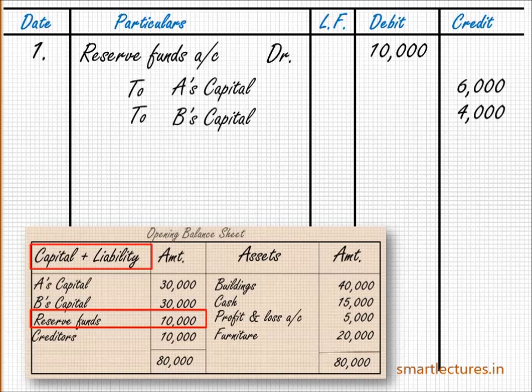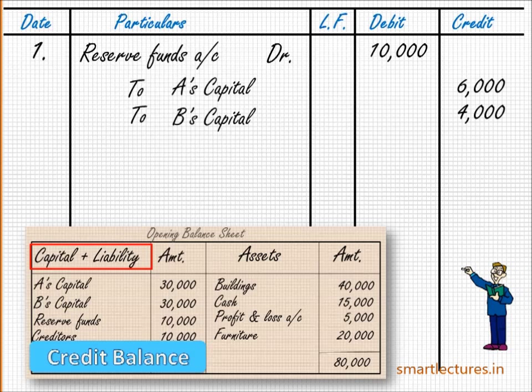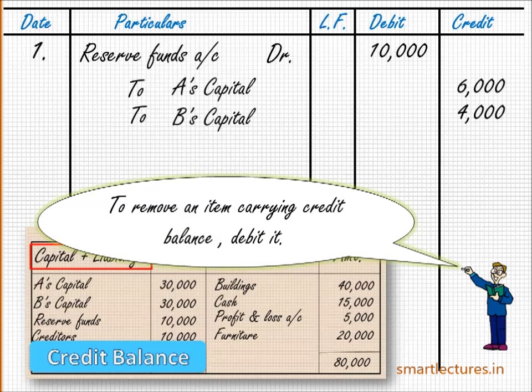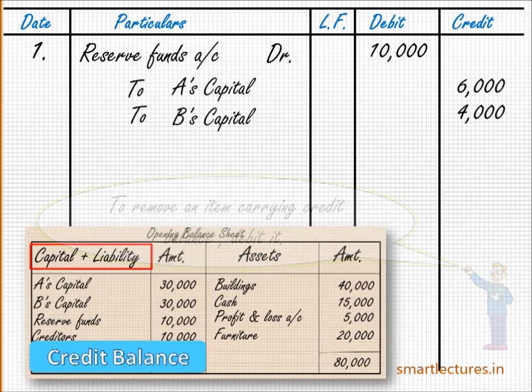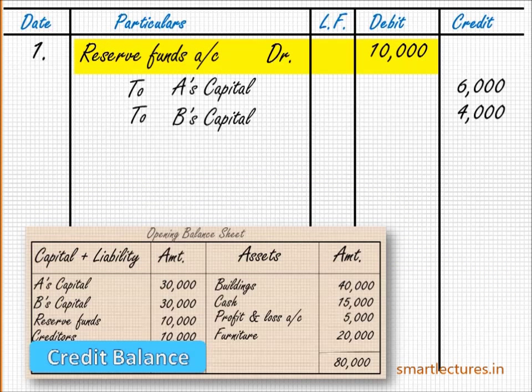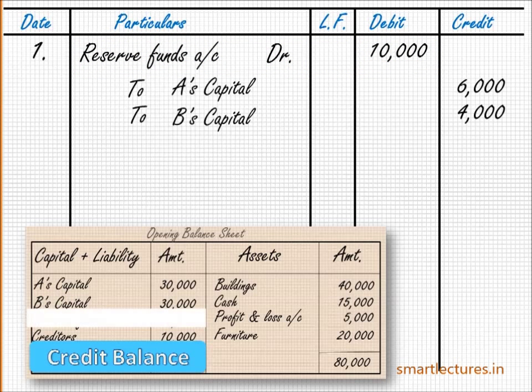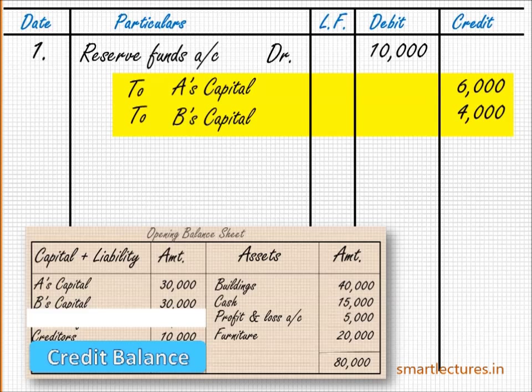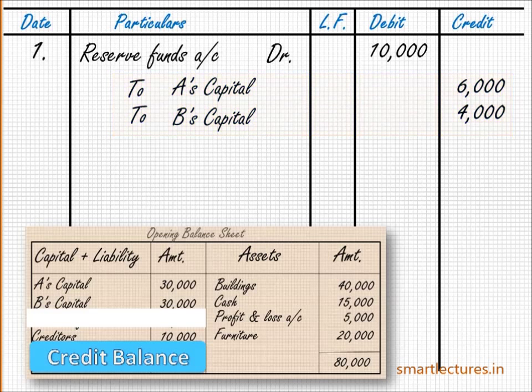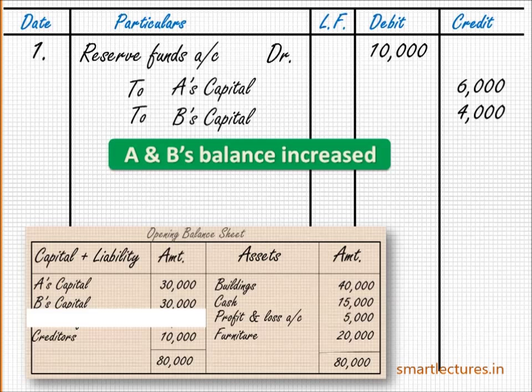It means it has a credit balance. If you want to remove any item which is carrying a credit balance, you have to debit it. So we have debited reserve fund rupees 10,000. In this way, reserve fund is removed from the balance sheet and A and B's capital accounts have been credited. It means we have increased the balance of A and B.